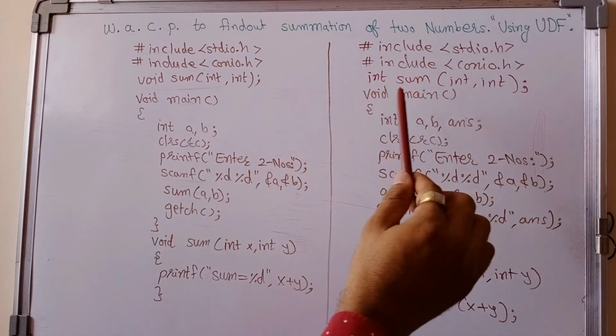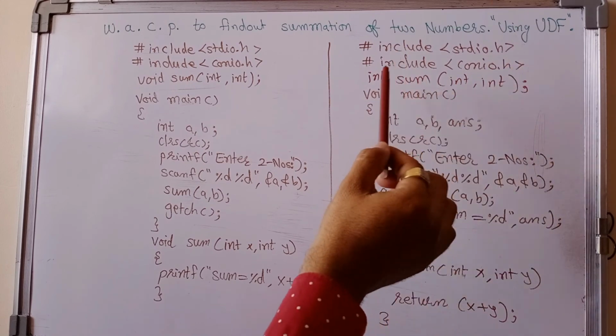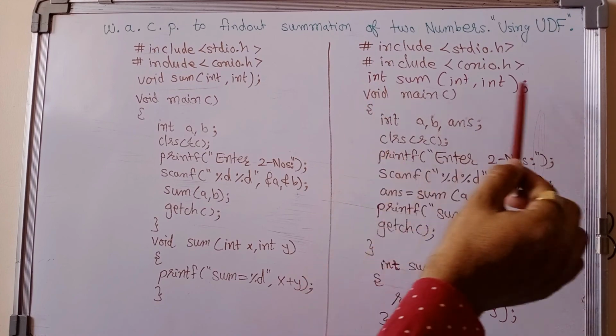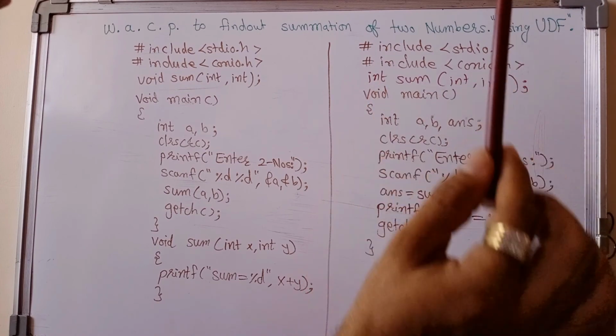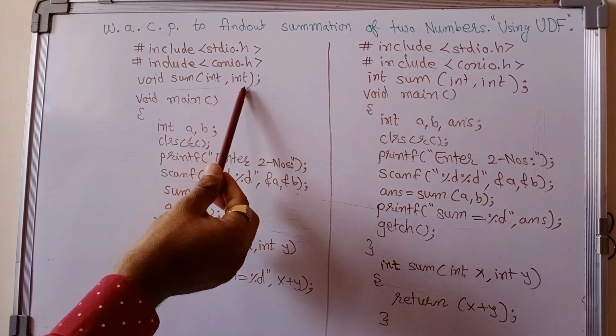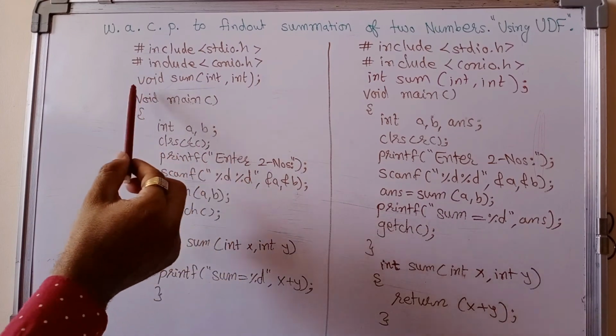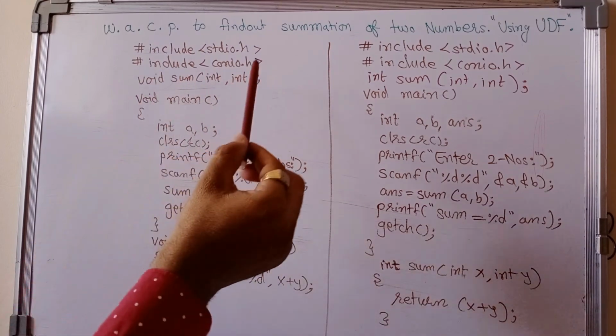Here our user-defined function sum consists of two integer arguments and it is going to return an integer answer. This is what the function prototype tells the compiler. Here our user-defined function sum consists of two integer arguments and is not going to return any answer; that is known to the compiler by this line.